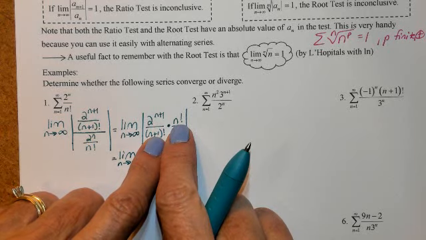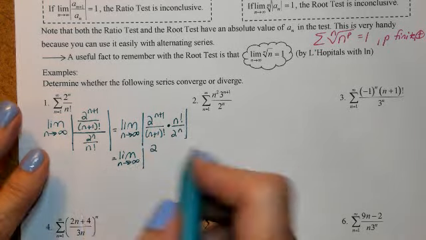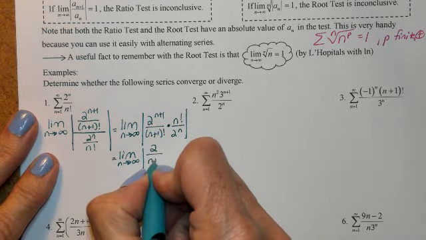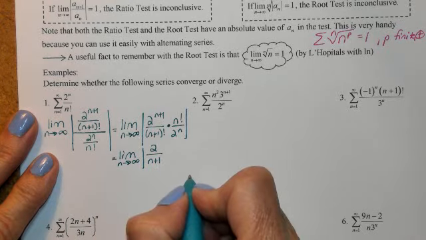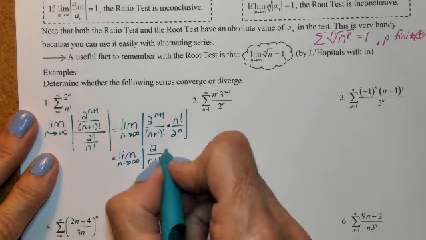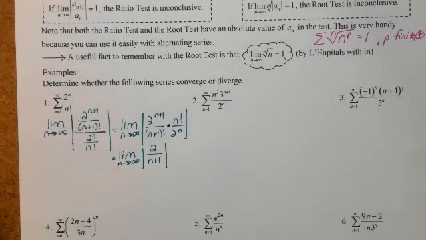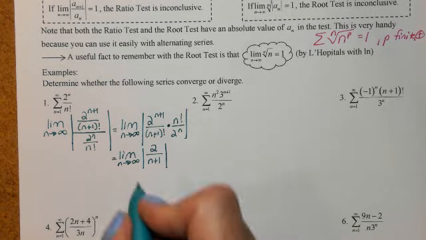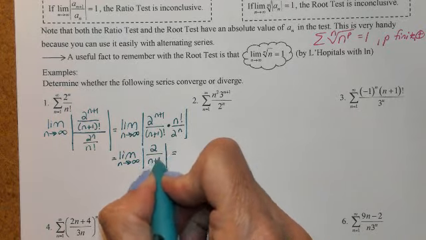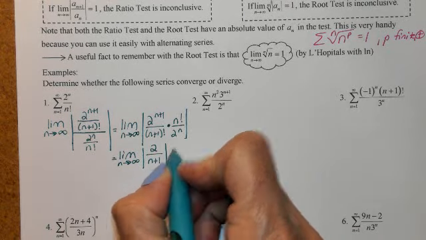How do these factorials reduce? Well, they reduce to n plus 1 on the bottom, right? Now let n go to infinity. When we let n go to infinity, we get 2 divided by a very, very large number.